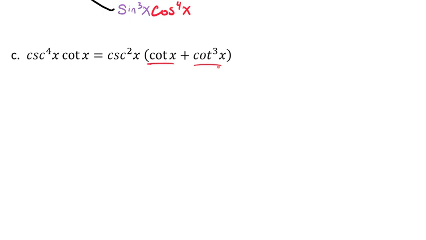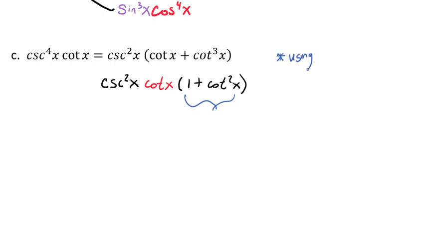Well, we see that each of those has a cotangent we can factor out. So we're going to have a cosecant squared of x, and now we're going to factor out a cotangent of x, which is going to leave us with a 1 plus a cotangent squared of x.